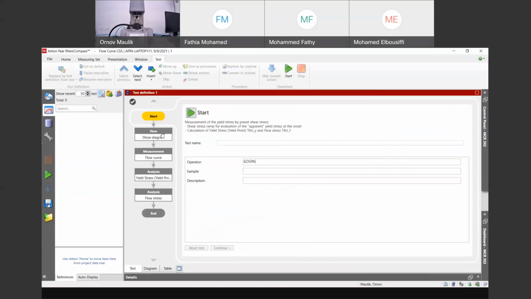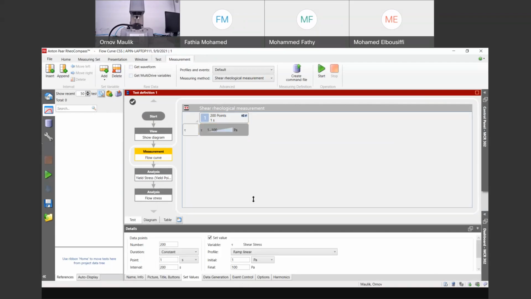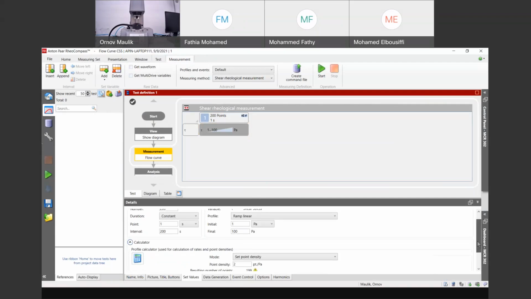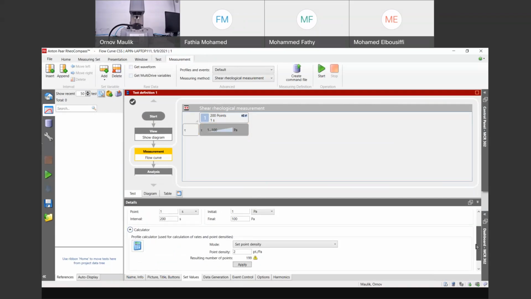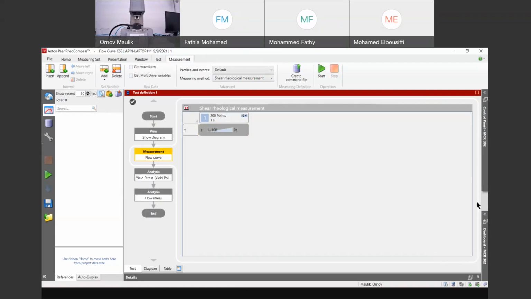So here you can see from the measurement tab the parameters. The parameters which we are going to use is from 1 to 100 pascals, and the density is 2 points per pascal, which is decent, and all the measurement parameters are over. Every point is at 1 second of time difference, because most of the times when you are doing any sort of yield stress experiment, the change in the behavior of the sample is always very sudden.